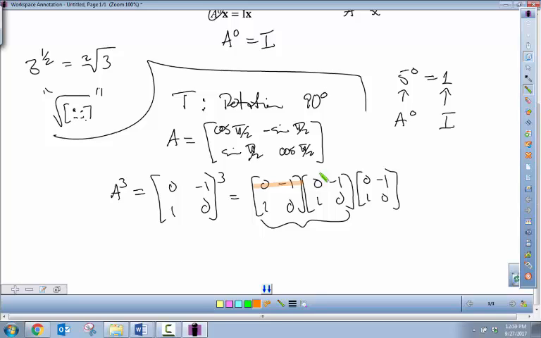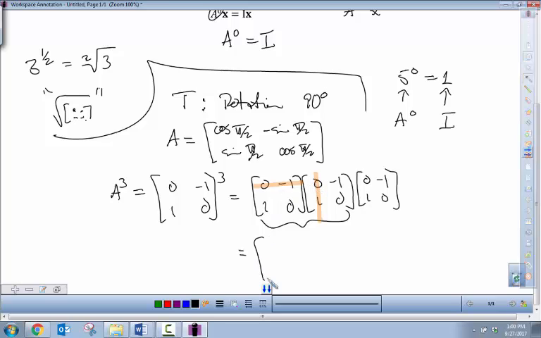We're going to do the row for the first matrix and the column for the other, and we'll do the first 2 matrices first. So 0 times 0, negative 1 times 1, so that is negative 1, and then 0, 1 dotted with 1, negative 1, 0, so that's 0. And then the bottom row, 1, 0 dotted with 0, 1, that's 0, and 1, 0 dotted with 0, negative 1, so that's negative 1.